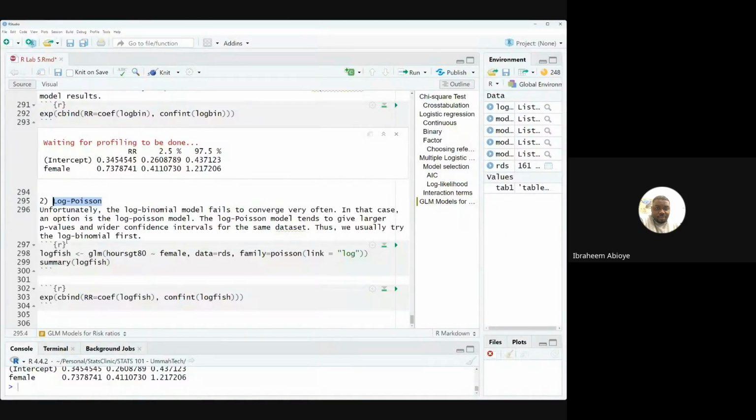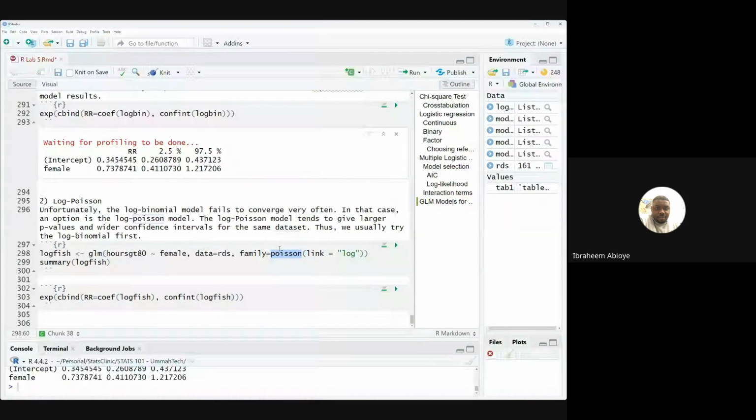That's not in the code, but we will develop it as we go. The reason why I want to do that is so that you can see the contrasts. The log Poisson model is basically changing the outcome from the binomial structure to Poisson.